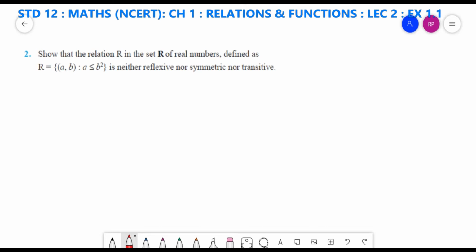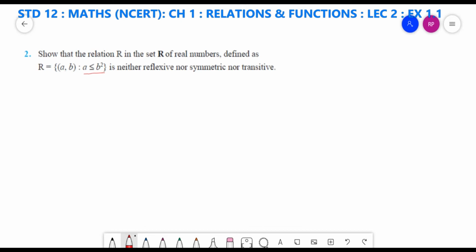The relation R in the set R of real numbers is defined as R equals the ordered pair (a, b) where a is less than or equal to b square. Now we studied in the last video that if you want to prove it reflexive, then prove it theoretically, or else if you want to prove it not reflexive, then you can find any such example.